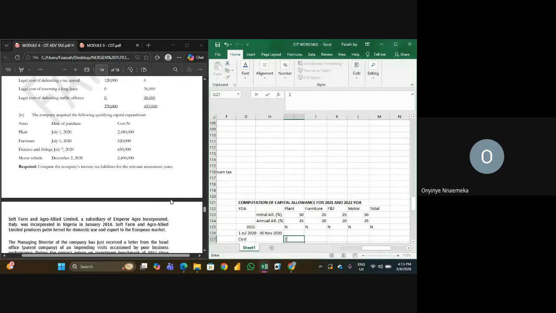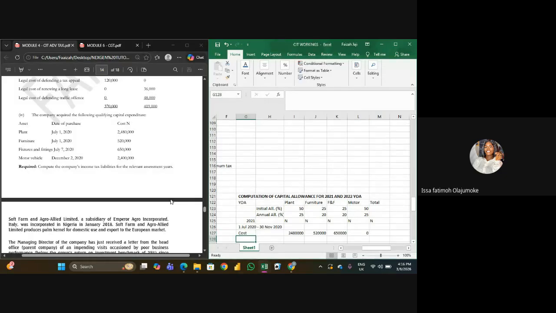Plant, 2,480. Furniture. Then fixtures and fittings. Do motor fall under this date? No, motor does not fall under it.